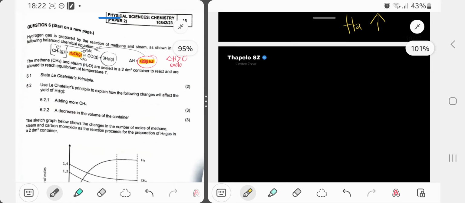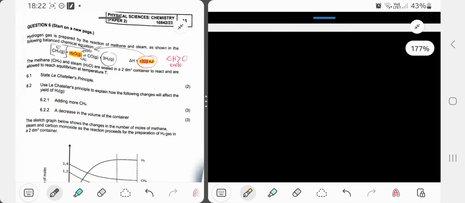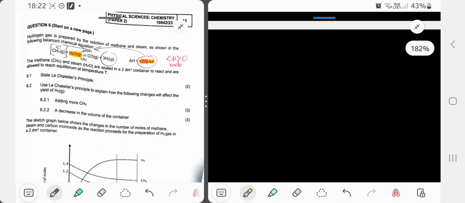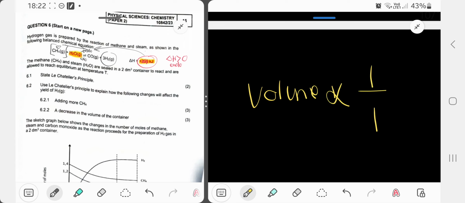Let's move on. It says 6.2.2 a decrease in the volume of the container. So remember that volume is not one of the factors that affect equilibrium, but understand something. Volume is inversely proportional to the pressure.